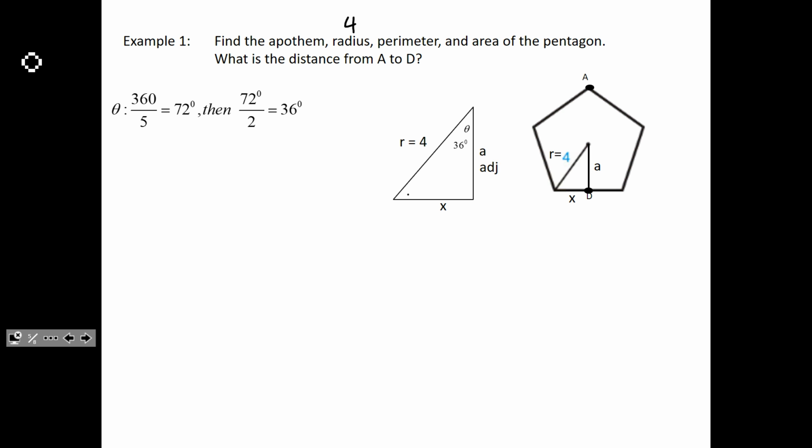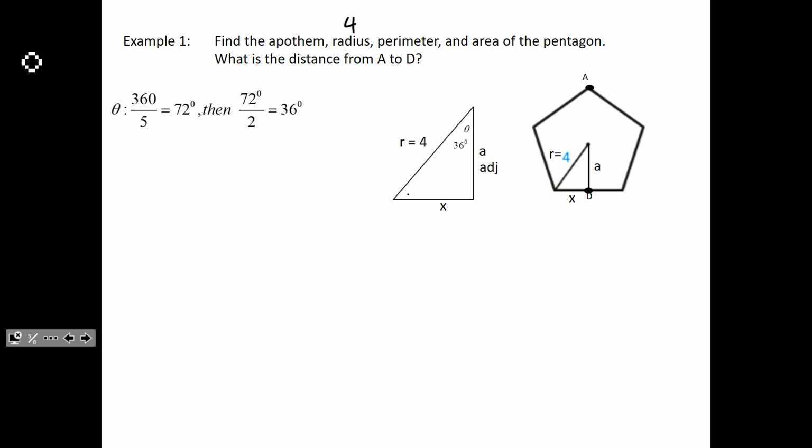And we are looking for both the apothem and x. Well, the apothem is adjacent to that angle, right? So if we're looking for the adjacent side and we know the hypotenuse, what ratio or what identity are we going to use? Yes, good. Cosine.